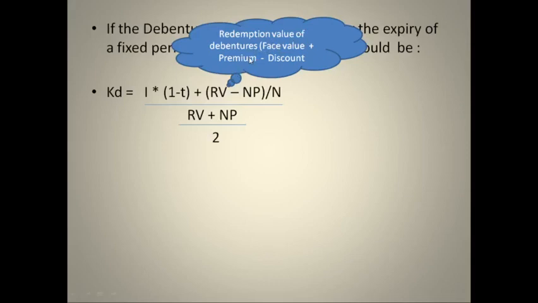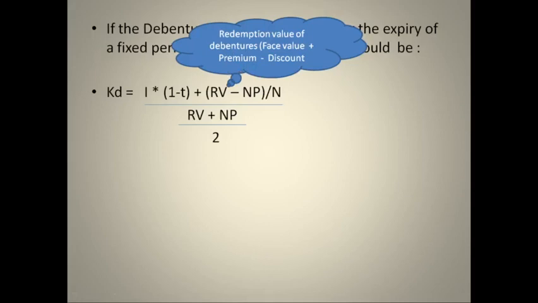And if the question says that the debentures are issued at a price which is less than face value, matlab discount में issue किया हुआ है, then from this face value you will subtract the discount. This discount rate will be given in the question, and also the premium rate will be given in the question. So that's how we find the redemption value for a debenture.